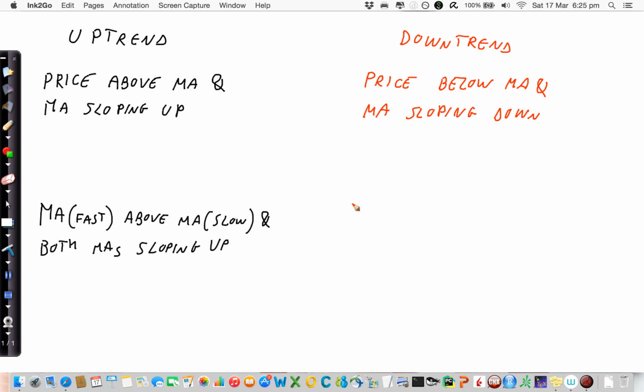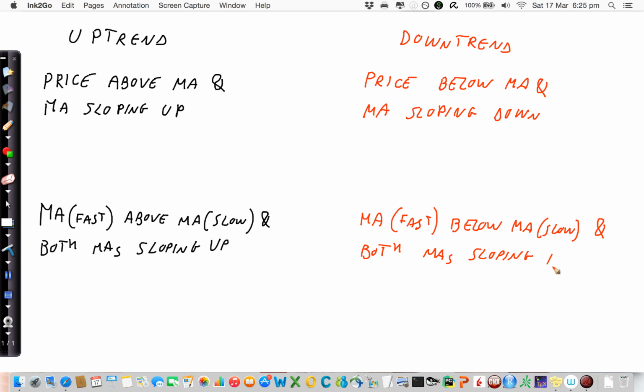Similarly, the downtrend is when the moving average fast is below the moving average slow and both are sloping down. Okay?